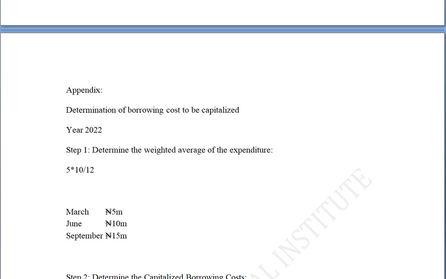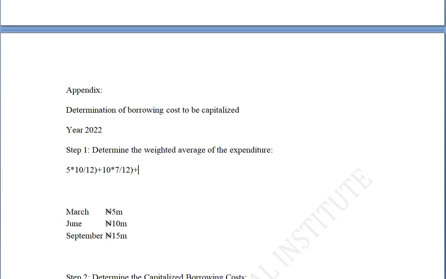Plus this one, taken in the month of June. June to December is how many months? 7 months. Plus 10 multiplied by 7 divided by 12. Remember what I told you? You are only going to pay interest from the month of expenditure to December. So that's what we are trying to calculate here.